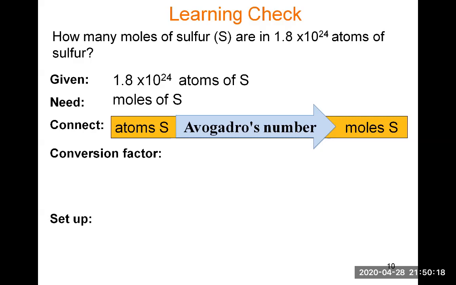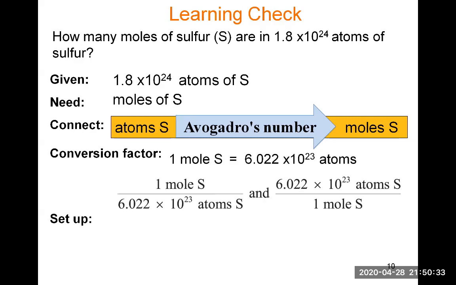So conversion factors can be of two kinds, depending on which part of the equality you put on top and which one will go on the bottom. And so out of 1 mole of sulfur equals 6.022 times 10 to the 23rd atoms, you can write 2 conversion factors, and they are shown here.